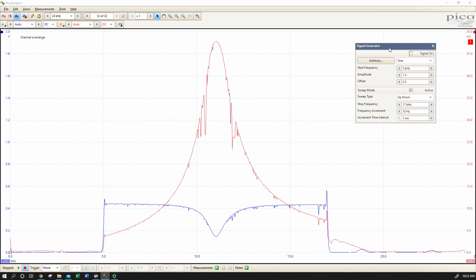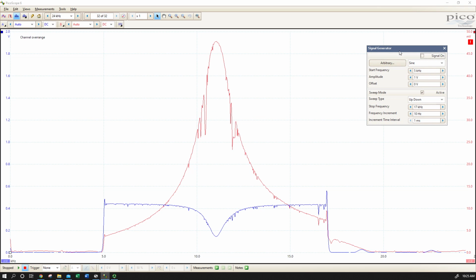And we can do things like adjust our spectral resolution to get a smoother curve as we go on. But the first thing that's important is we can see we have a characteristic resonance frequency response.